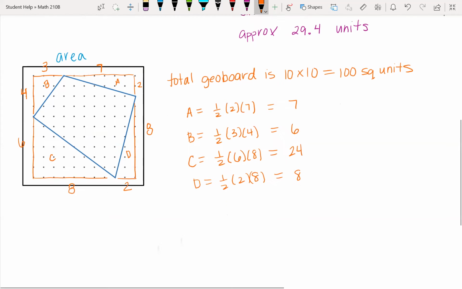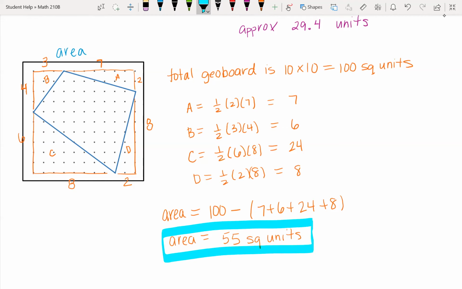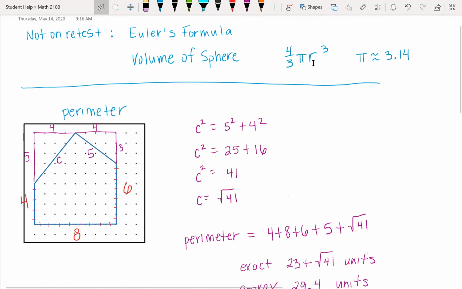So I'm going to find my total area will be 100, and then minus all of these numbers. So in this case, the area of the shape on the inside, that quadrilateral, is 55. All right. So those are the first 2 examples.